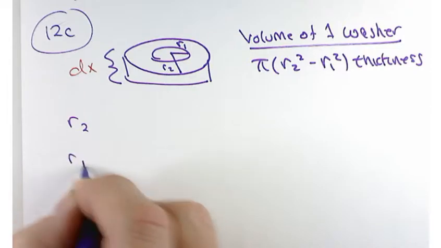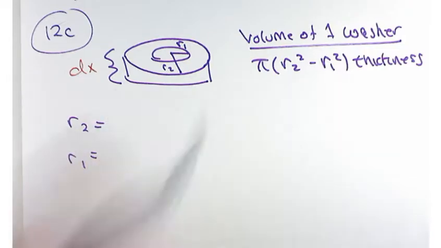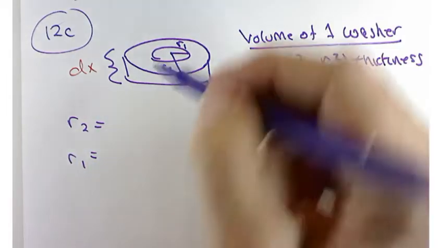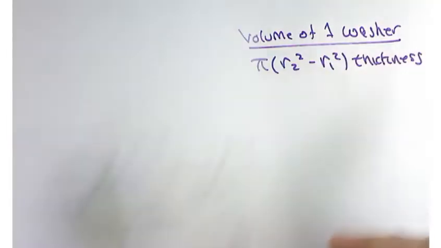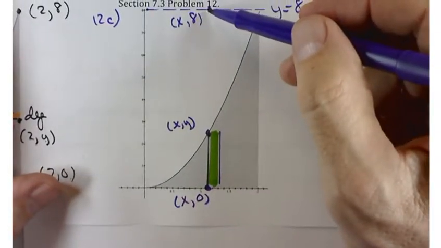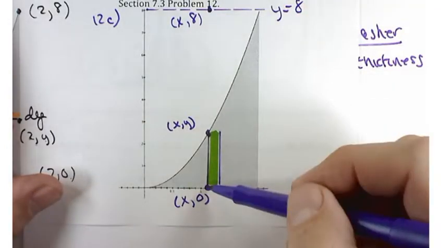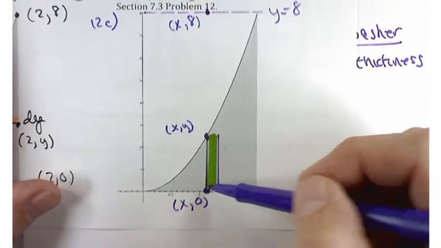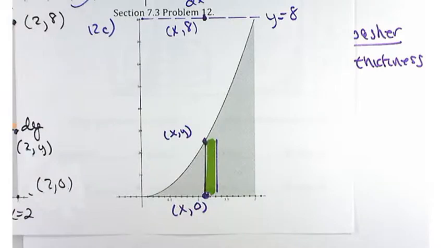So I need to figure out R2 and R1. R2 is the outer radius. So that's going to be the distance between this axis of rotation and this point. So let me kind of sketch that in for us this way.